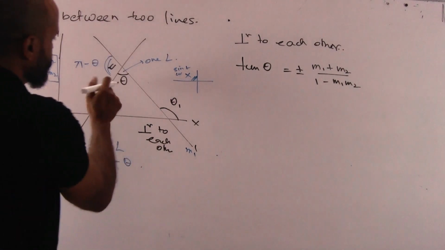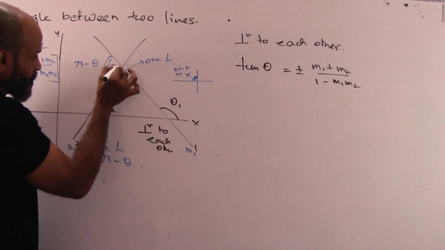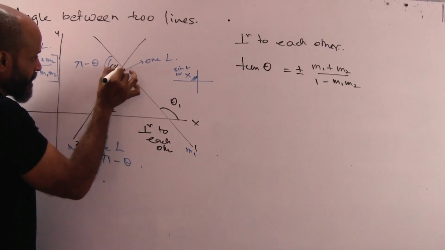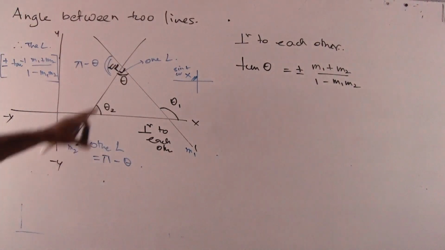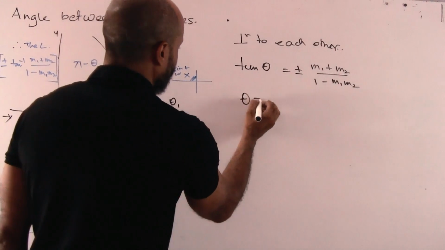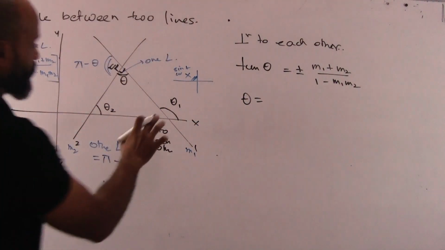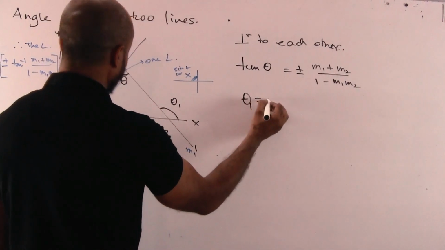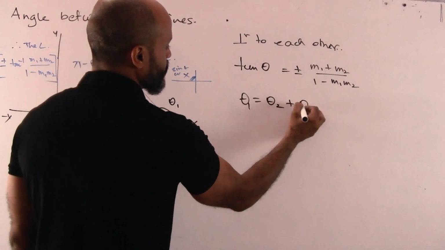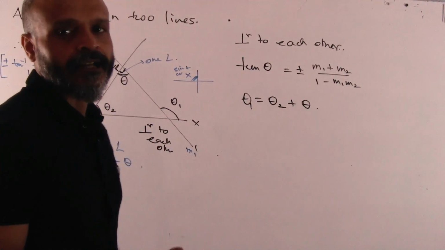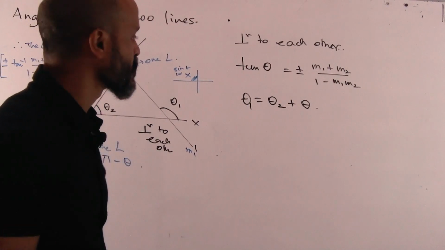In that case, if they are perpendicular to each other, so if this is basically 90, then we can say that theta 1 will be equal to theta 2 plus theta, again applying the same, exterior angle of a triangle is the sum of two interior opposite angles.